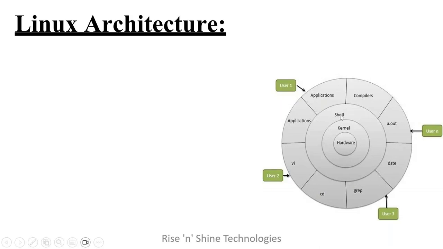So the shell is a middleware component, which takes the request from the user, either an app based request or a CLI based request or a GUI based request, whatever it is. The type of request doesn't matter. The shell is going to take the request, and on the basis of the type of request, forward it to the kernel. The kernel executes the actual command by interacting with the hardware resources. It processes the request.